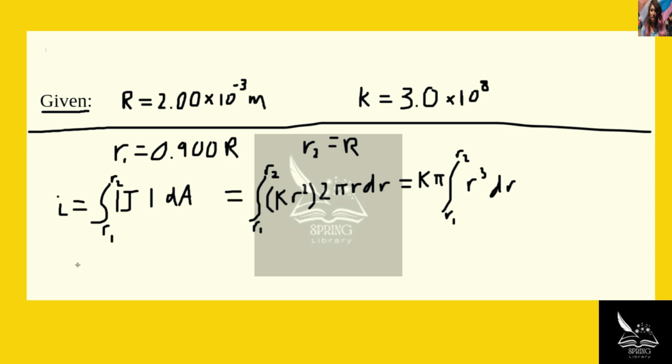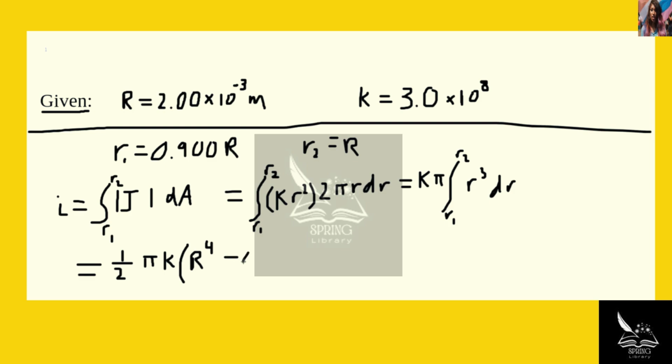So the 1 over 4 comes out front and multiplied by 2, that becomes a 1/2 times pi times K times r2 to the fourth minus r1 to the fourth.